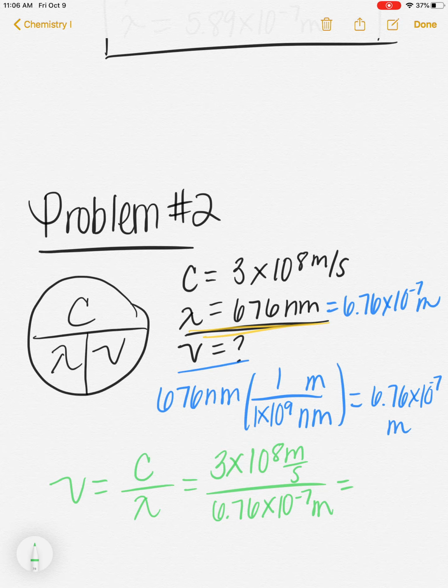Remember to, again, use parentheses wisely on your calculator so that it doesn't struggle with the order of operations. And I get a value of 4.4 times 10 to the 14th power.